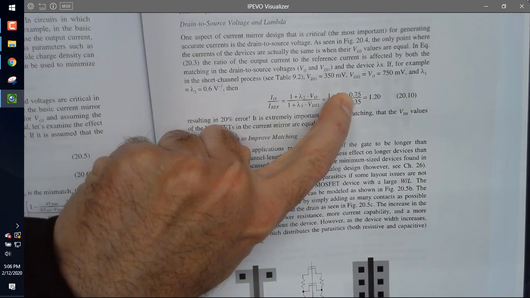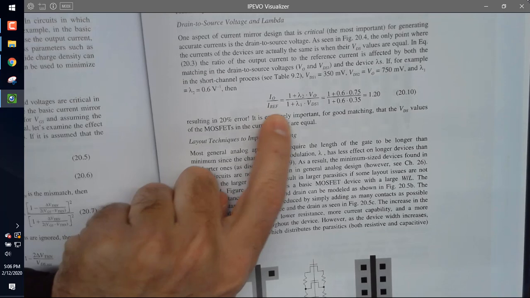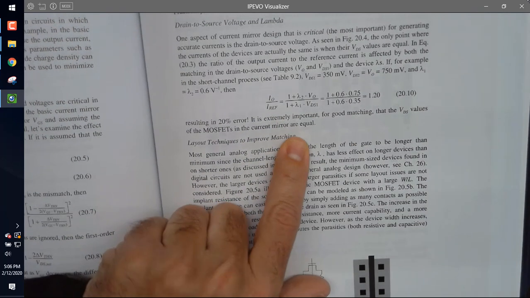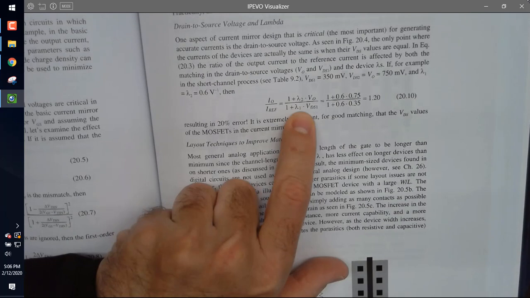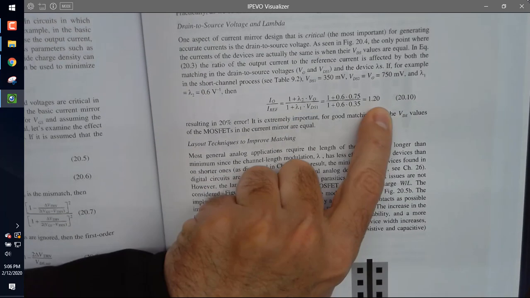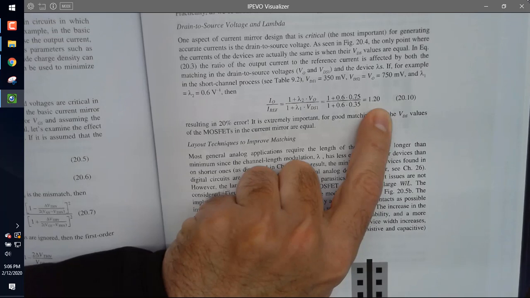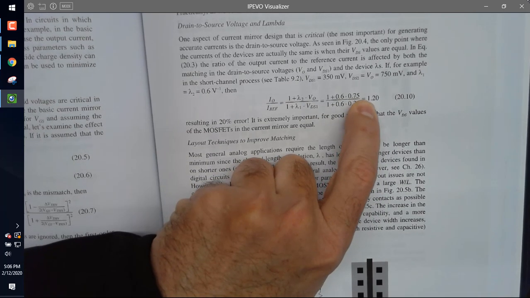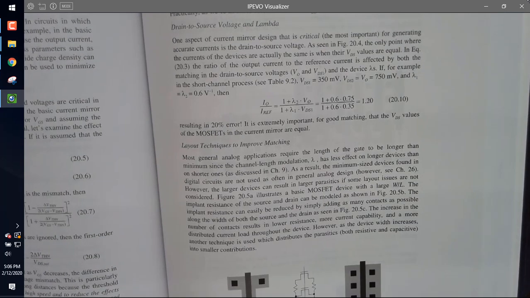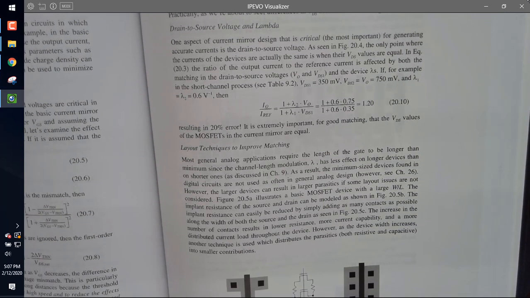You see here that a difference in the drain to source voltages alone will give me 20% mismatch. Okay? You can read this section. This is a really important practical section for answering questions.